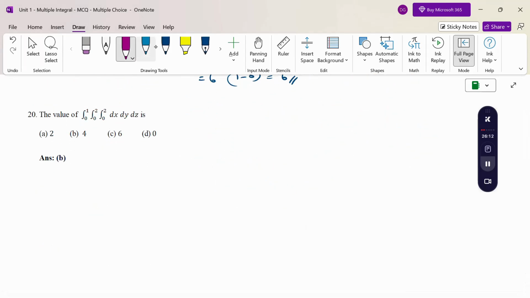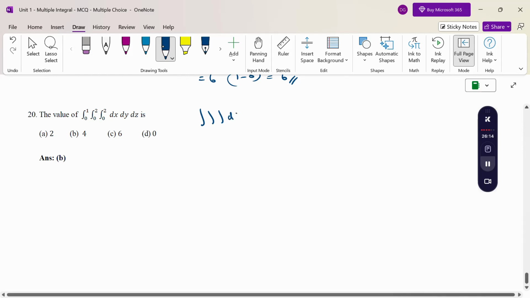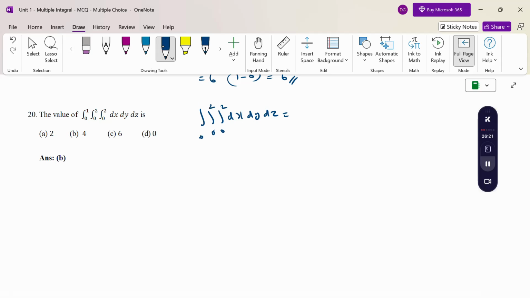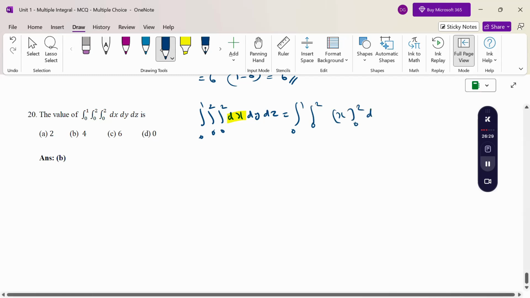And then triple integration of dx dy dz. The limits for x are 0 to 2, y 0 to 2, z 0 to 1. First integration dx, x from 0 to 2, dy dz. Now 2 minus 0 dy dz.